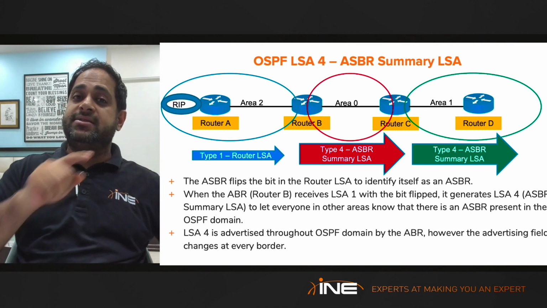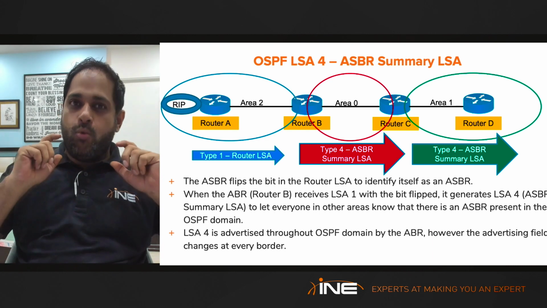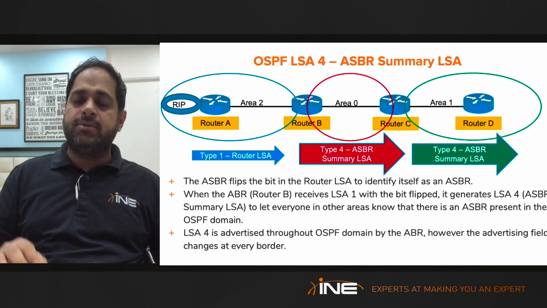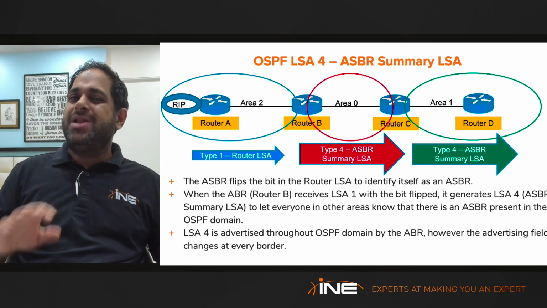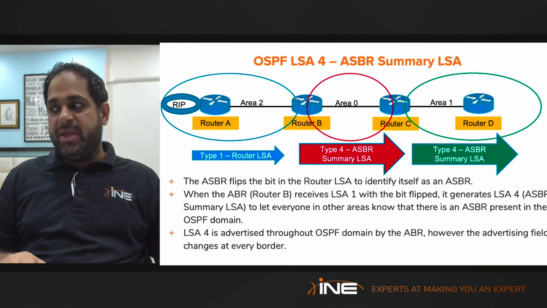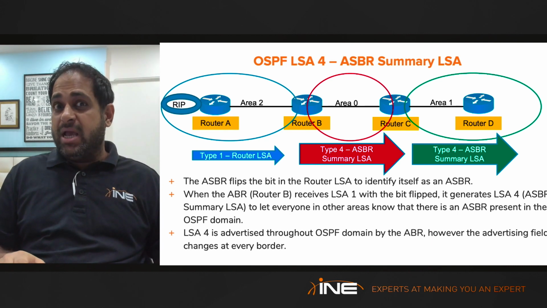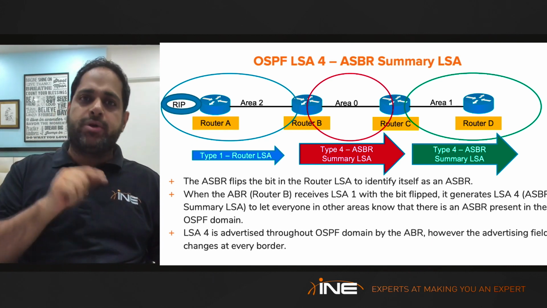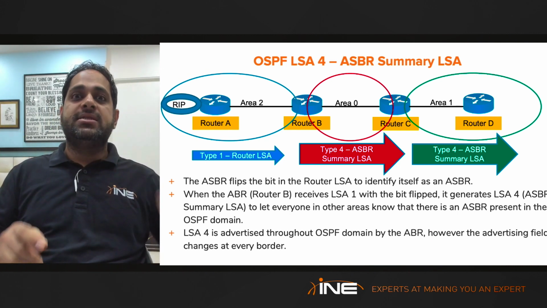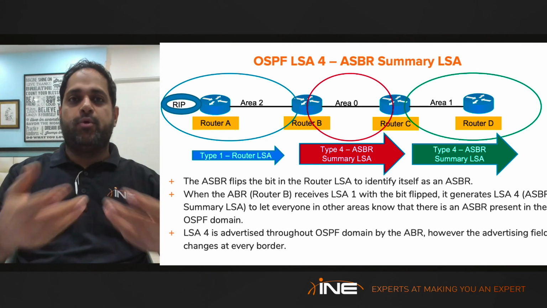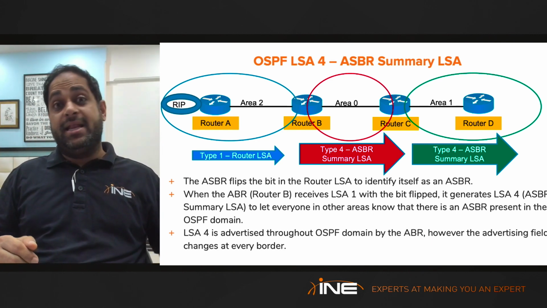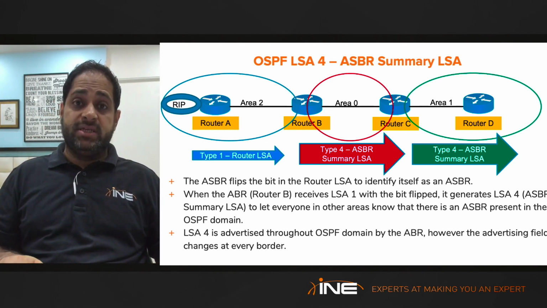What I'm talking about is that the minute I do redistribution, when router A is sending his normal OSPF routes, not external, he flips the bit just to let the ABR know that I am also an ASBR. That's why router B generates a type 4 ASBR summary LSA, which contains the router ID information of the ASBR, which is router A. When it gets to C, C modifies that LSA 4 and puts himself as the advertising router to let area 1 know that there is an ASBR present in our OSPF domain.